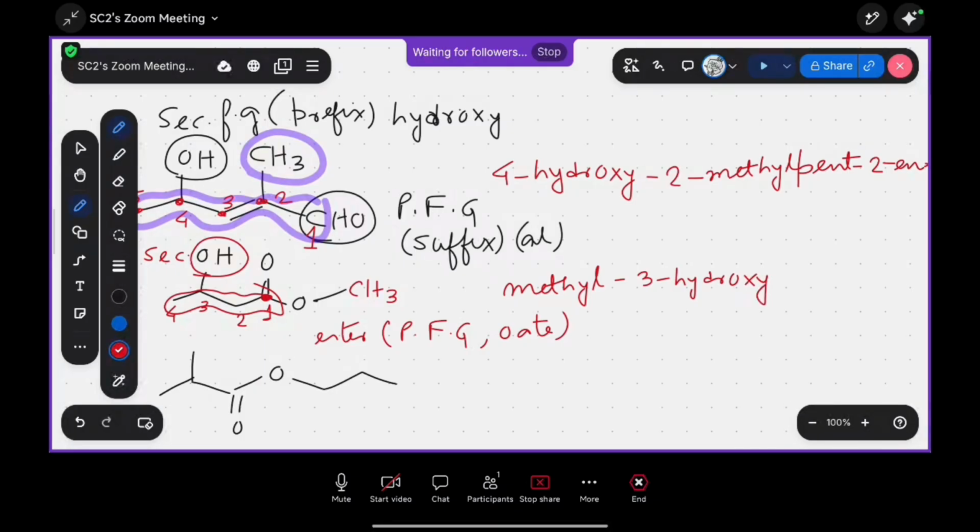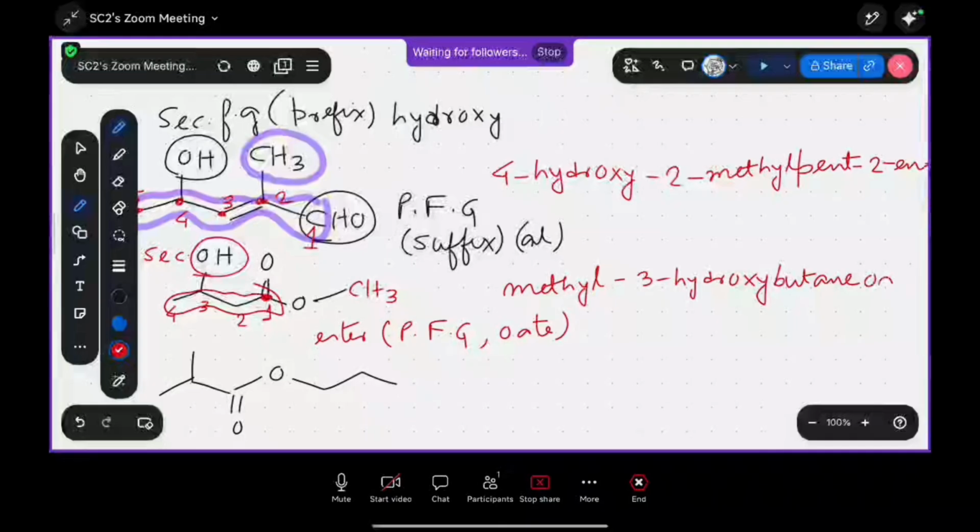Then there is no more double bond or triple bond. The word root is but, because 4 carbon atoms are there, no space is to be given. 3 hydroxy but, and then it is ane, butane, and the prefix is OH.